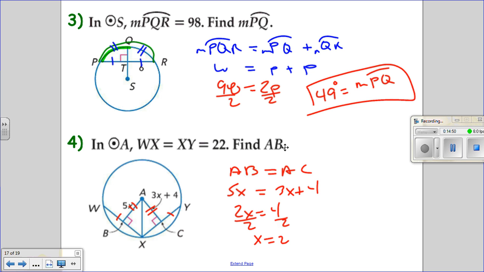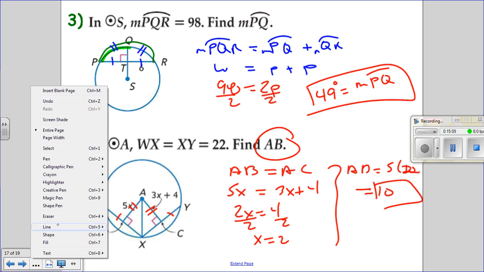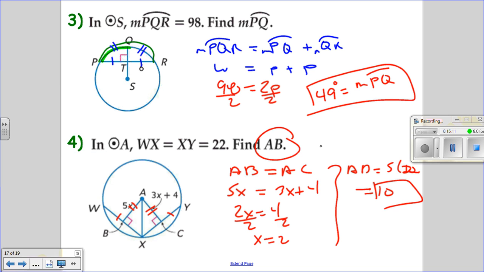But again, it doesn't want me to find x. It wants me to find AB. So that means AB, which was 5x, that's 5 times 2. Sorry, getting ahead. So that would give us 10. So AB is equal to 10. And this concludes your notes for today.